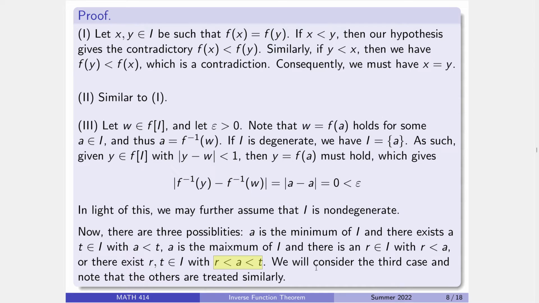And being the rat that I am, I'm only going to do the 3rd case, and the other 2 are treated similarly. I'll explicitly point out the difference, because there's only really one difference, and it involves what delta is going to equal. So if A is a minimum, or if A is the maximum, it'll affect what delta is, and that's really it.